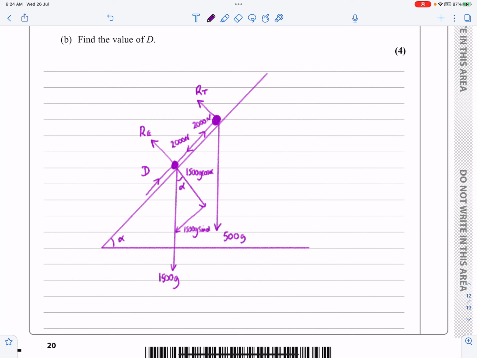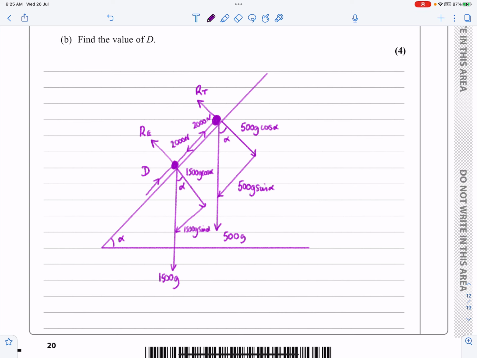Then I do the same thing over here for the truck; again, that angle there is going to be alpha. You can look at other videos of mine to see where that comes from. I haven't got time with this one where we're going through doing the diagram in such detail. This would be 500 g cos alpha, and this would be 500 g sine alpha.